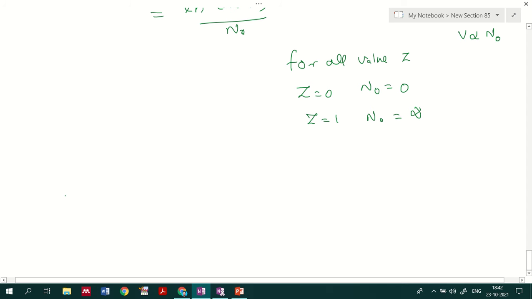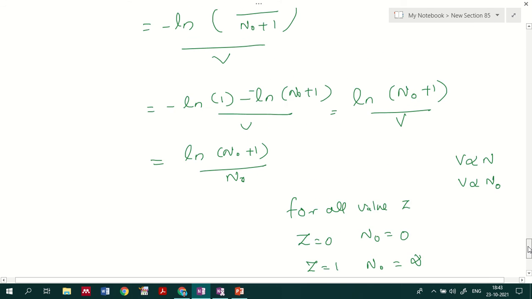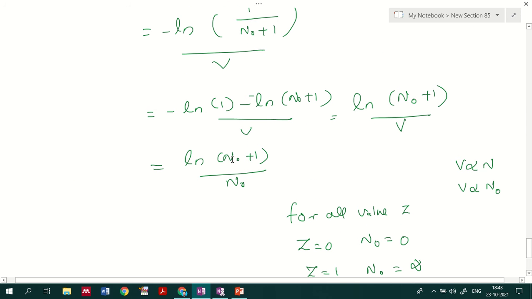If I consider z equal to 0 in this case, ln of 1 will be there, which goes to 0.